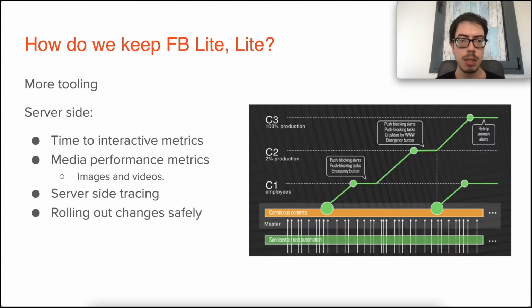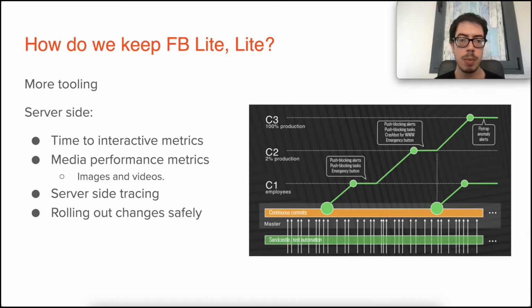Like Simone mentioned, Facebook Lite is very server-side oriented, and for that reason, we have a lot of tooling to make sure that new code introduced on the server side does not cause regressions in important Facebook Lite metrics. We have different tooling for the server side. We look at the time to interactive metrics, which are similar to the web time to interactive metrics and measure the time until the app becomes interactive.